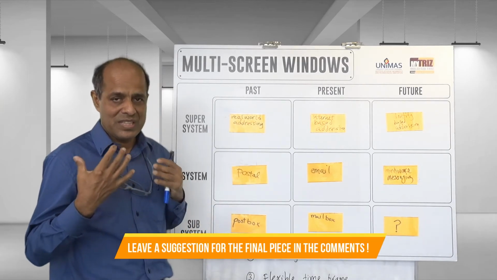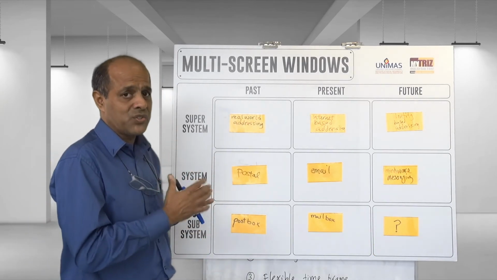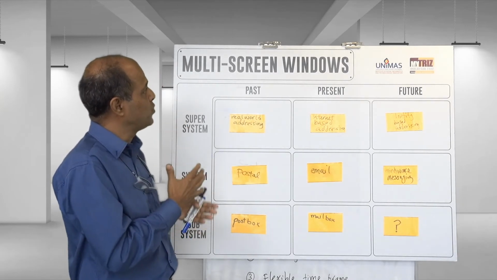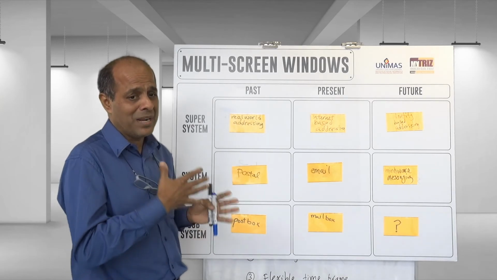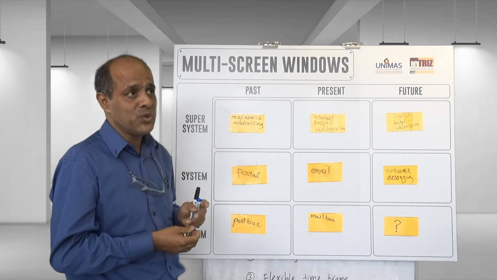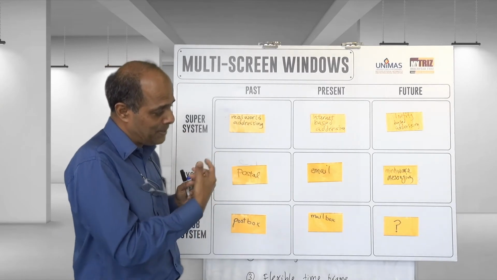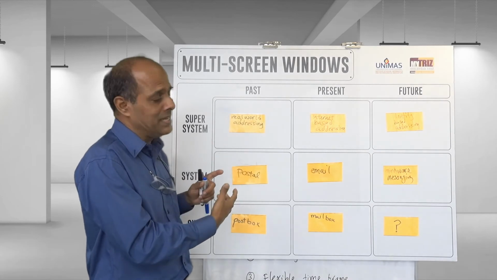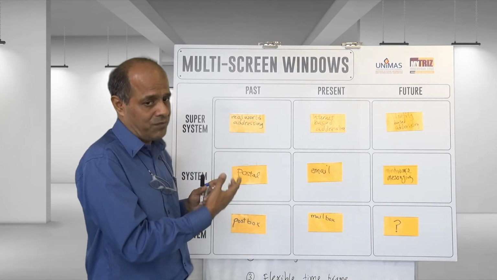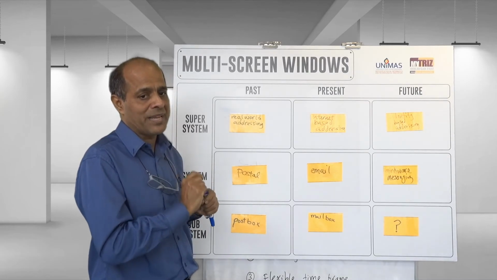This was just an exercise for us to see how this powerful tool, multi-screen thinking or multi-screen strategy, can be used to look into the future. We had a peek into the future, and we didn't go into much detail. It could be a starting point for a very well-structured brainstorming session.